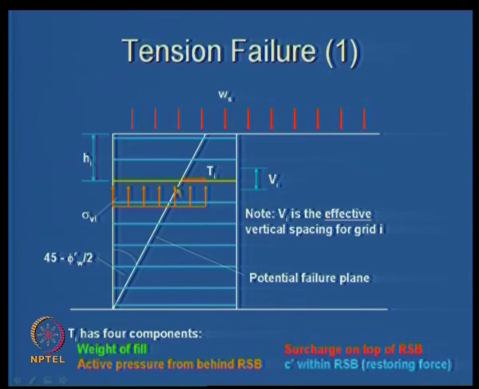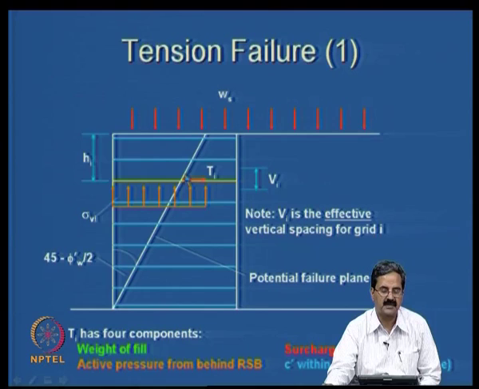For that you are calculating the horizontal force. You put Ka times vertical pressure, you will get the lateral pressure, and then design for Ti.